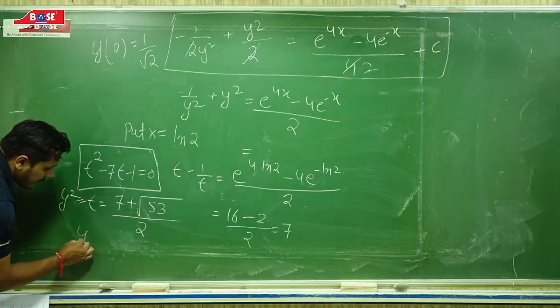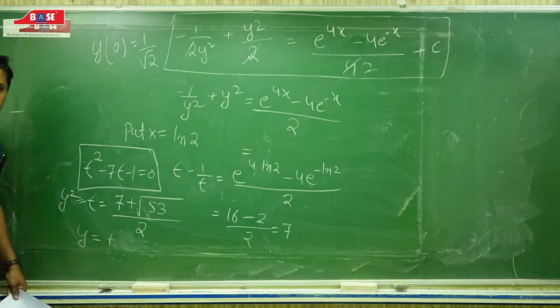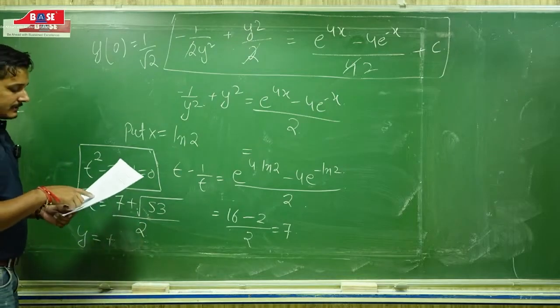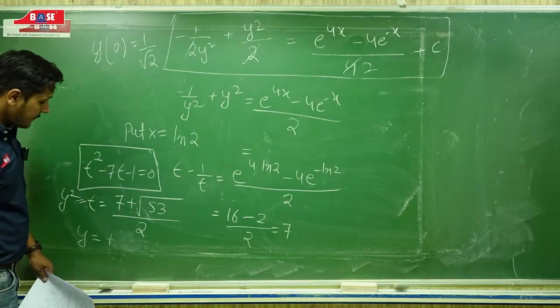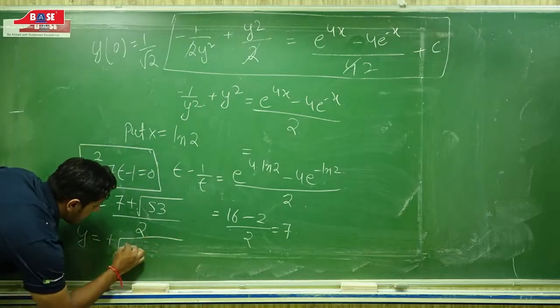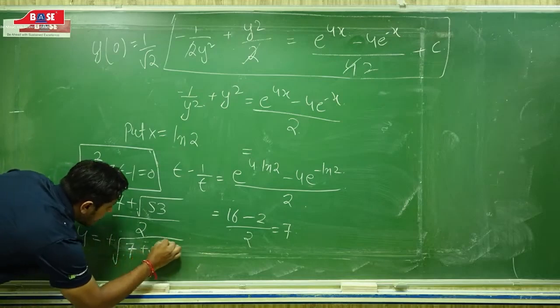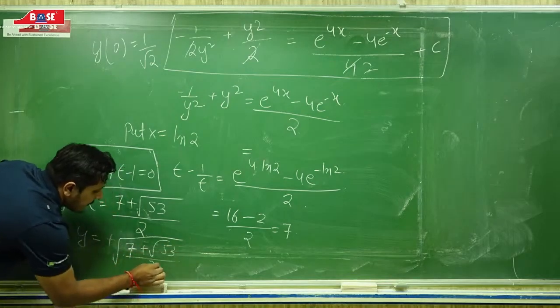So what is y? Instead of plus minus I will use plus only, because the function output, the codomain, is only positive. 7 plus root 53 by 2.